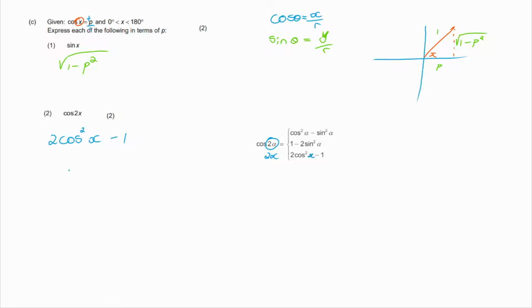So this is 2 times p squared minus 1, that's just 2p squared minus 1. That would be our answer over there.